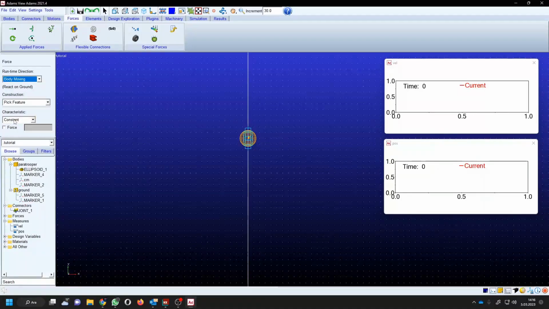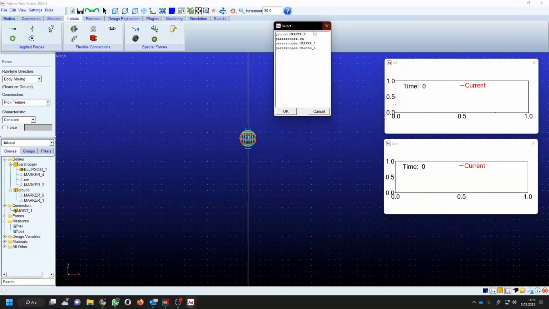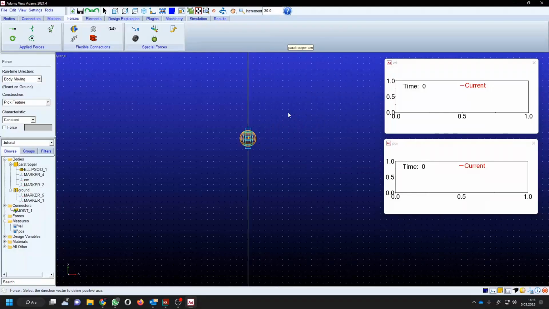It asks me to select the body, trooper, and select the point of application. Let me select the center of mass. Just like in our physical model, I will use the positive axis as upward.